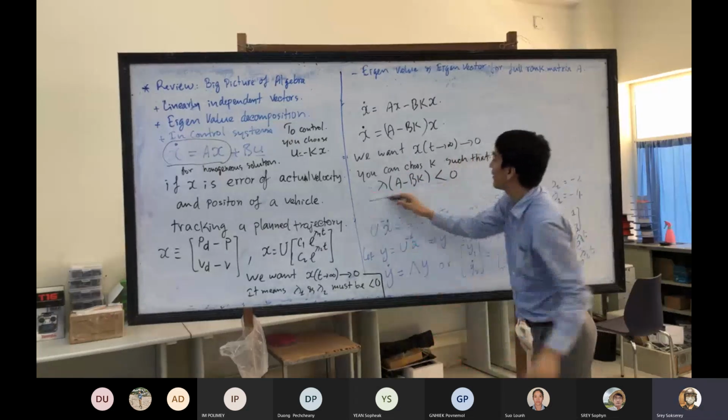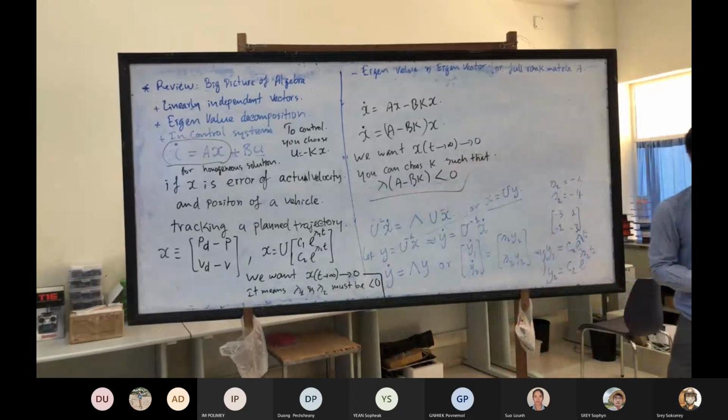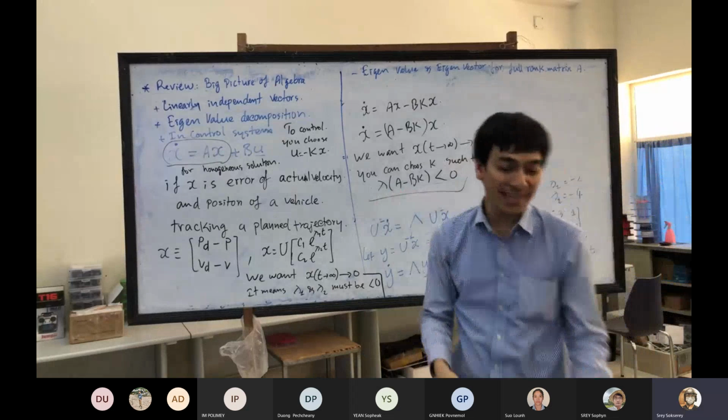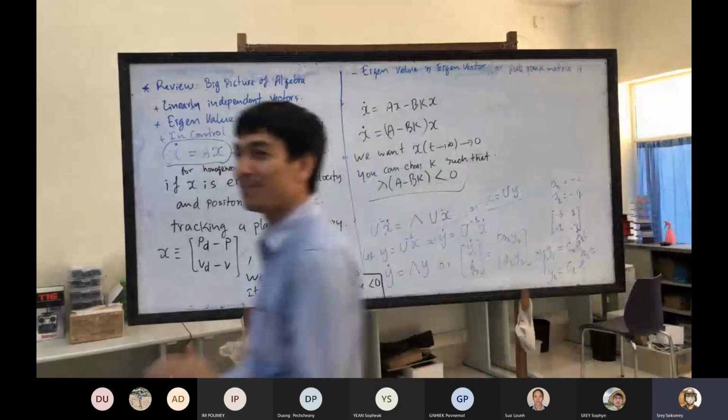This is the point for control systems: you apply eigenvalues to control systems.